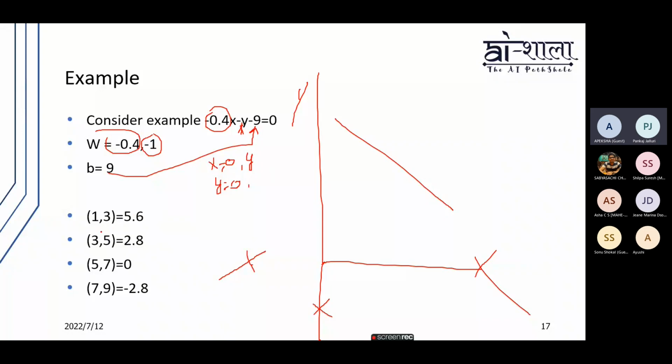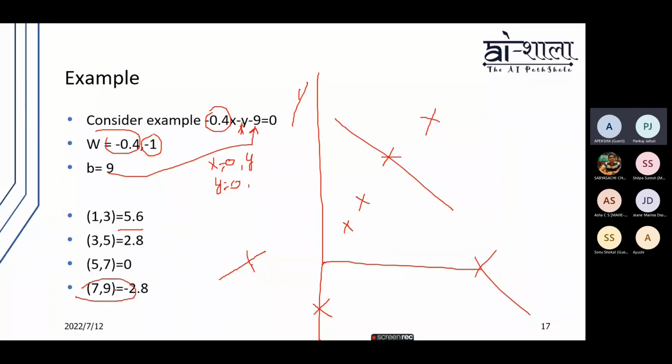Now suppose I put 1 comma 3 in this, I will get 5.6. So the point 1 comma 3 is somewhere here. If I take 3 comma 5, I will get 2.8. For 5 comma 7, which is on the line, I will get 0. And for 7 comma 9, I will get somewhere here.